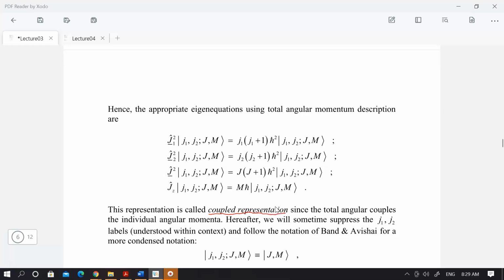Why it's named so is quite obvious. In the case of the individual angular momenta, you're treating your two angular momenta as being uncoupled. But in the case of using the total angular momenta, your two individual angular momenta are actually coupled to each other.